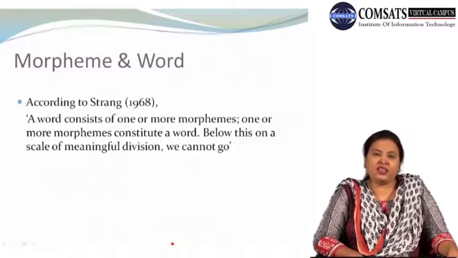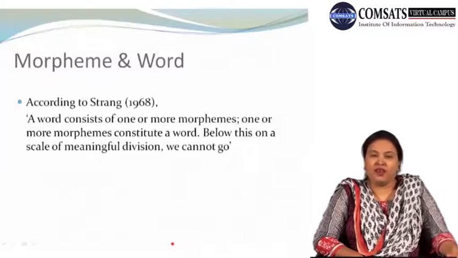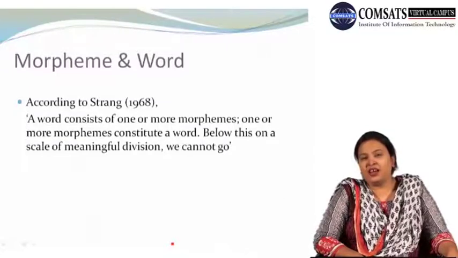According to Strang 1968, a word consists of one or more morphemes. One or more morphemes constitute a word. Below this, on a scale of meaningful division, we cannot go. For example, childish, one word, two morphemes, child and ish.